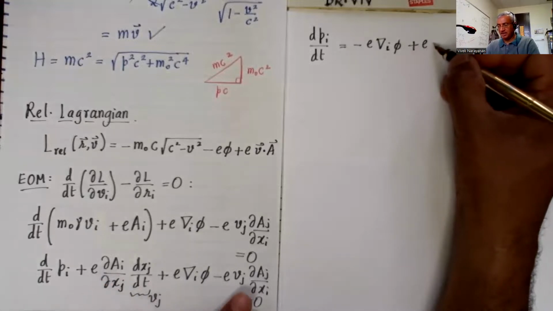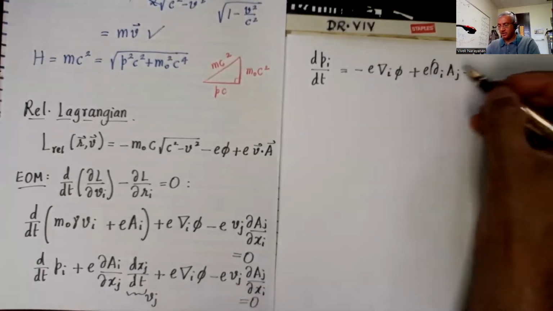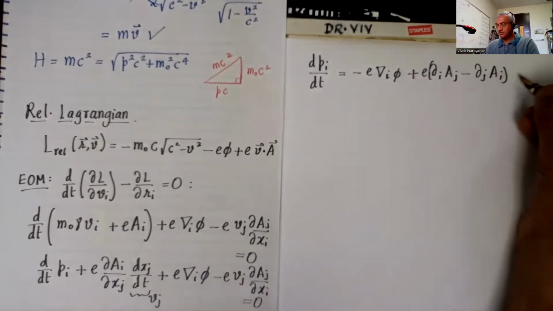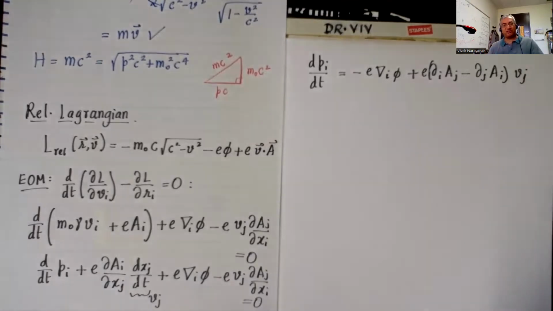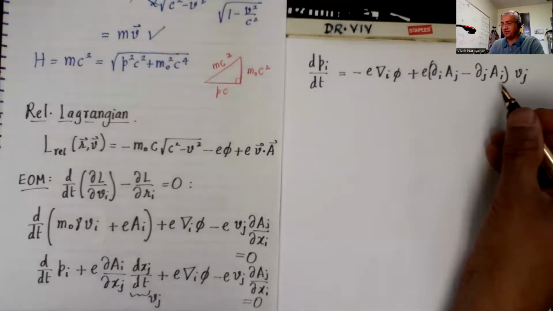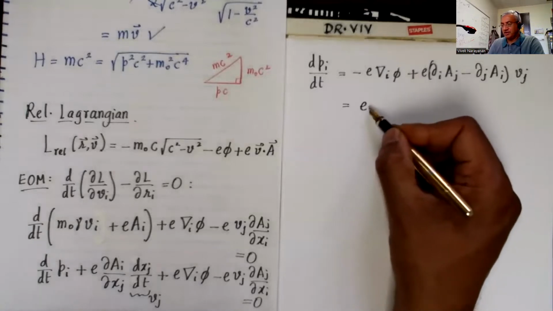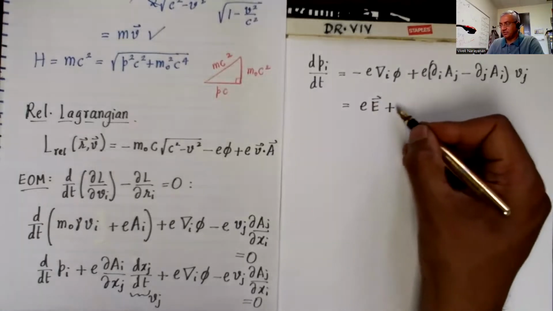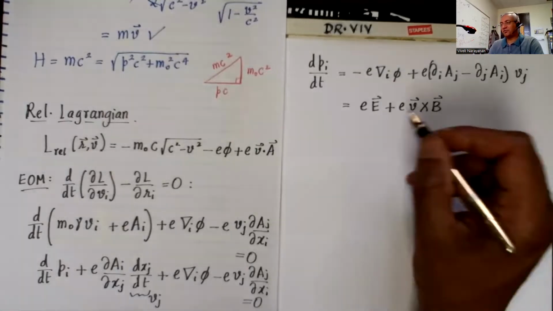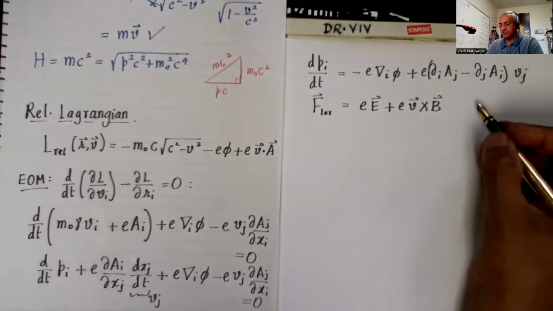So that's del_i A_j minus del_j A_i, times v_j. And by the exact same process that we did before, we can identify this as the magnetic field. And so this is just E times the electric field plus E times v cross B. So I have recovered the Lorentz force. F Lorentz is equal to that.